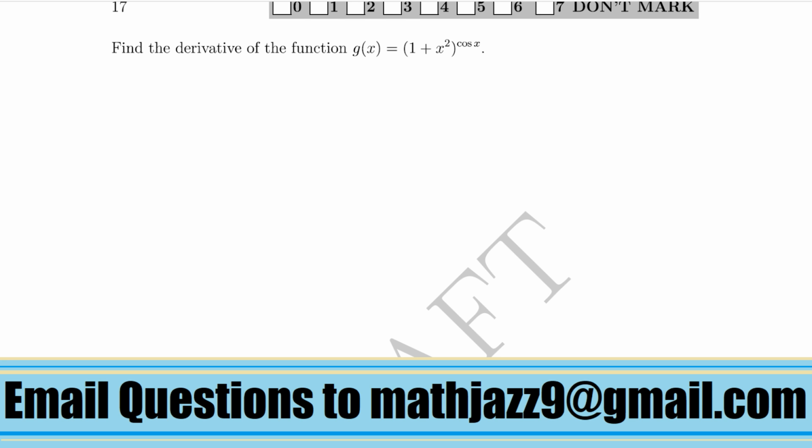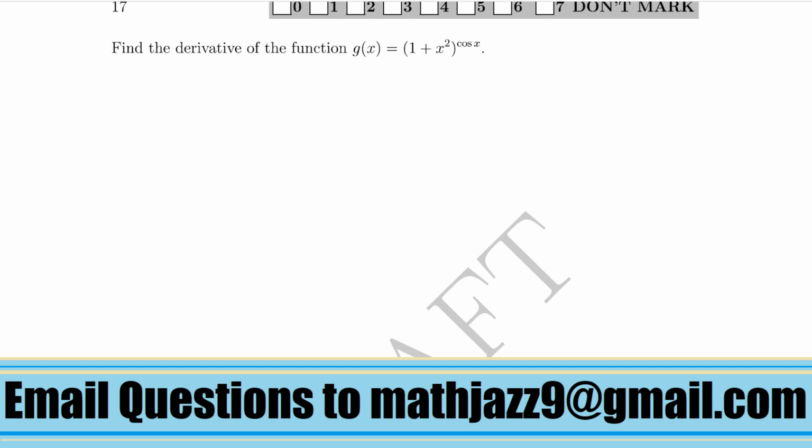Okay. g of x is equal to 1 plus x squared to the cosine x. Here we go. We have this now.